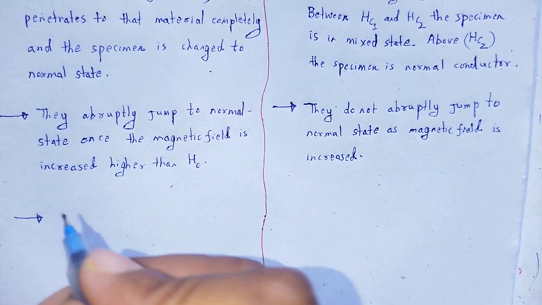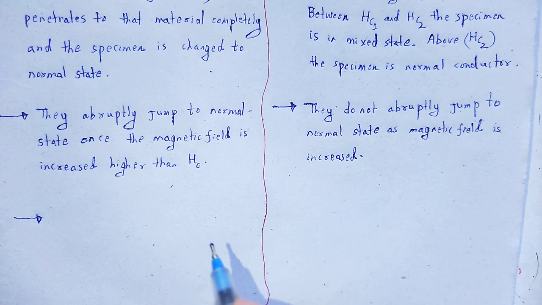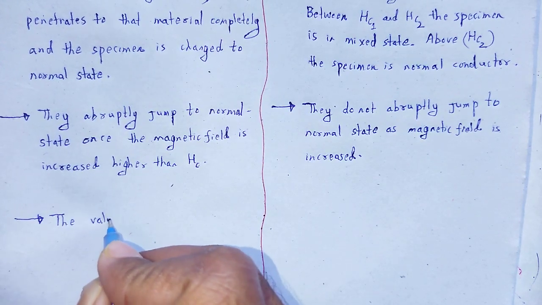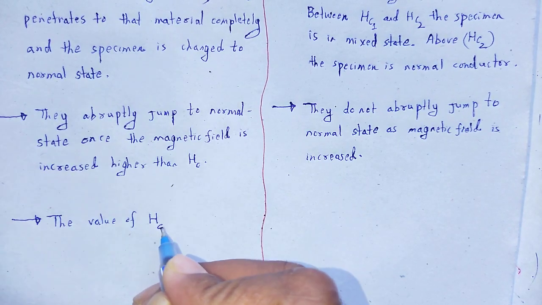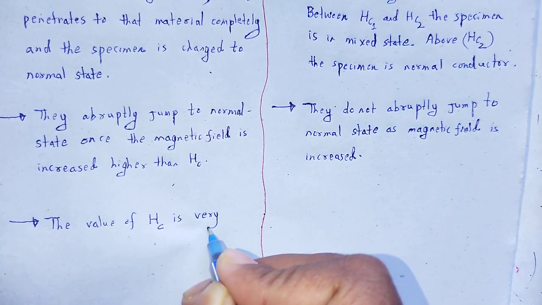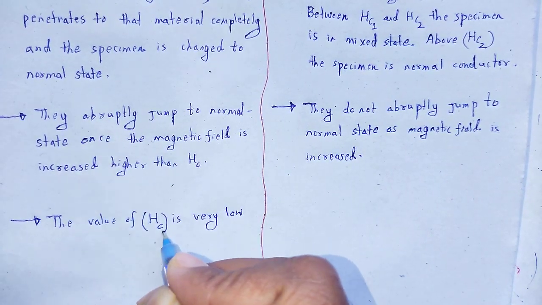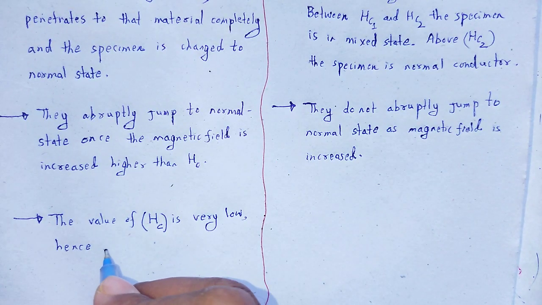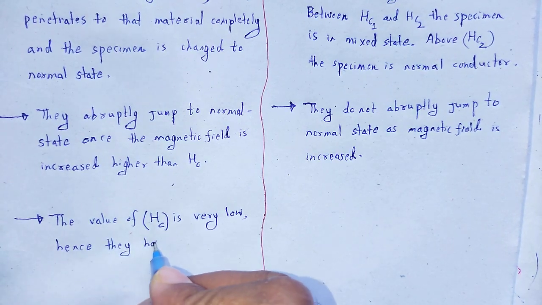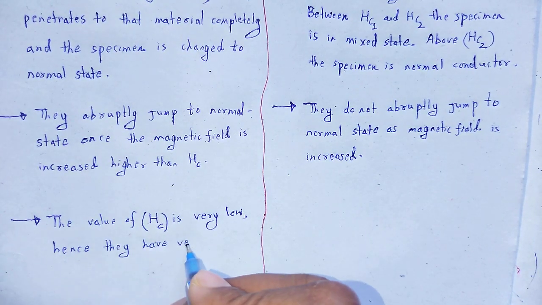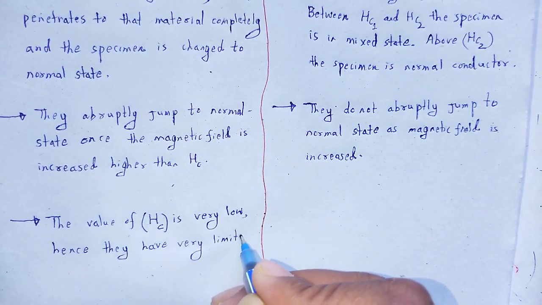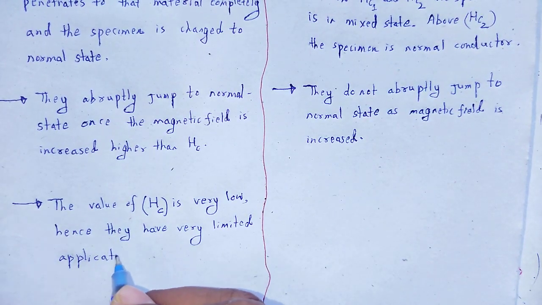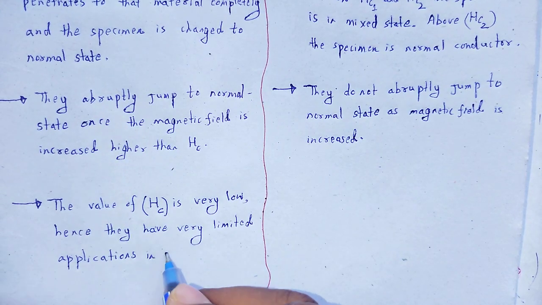Where do we use type 1 superconductors? Since the value of Hc is very low, hence they have very limited applications in technology.